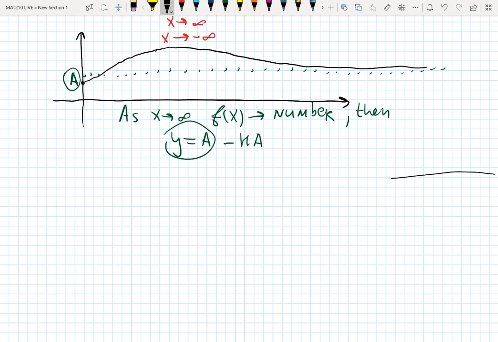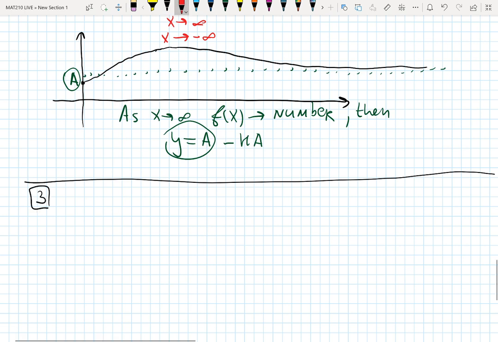After this, we started introducing average rate of change and instantaneous rate of change. So that's already topics 3 and 4. Average rate of change, ARC. It's not a very common notation actually, but just convenient to write down.